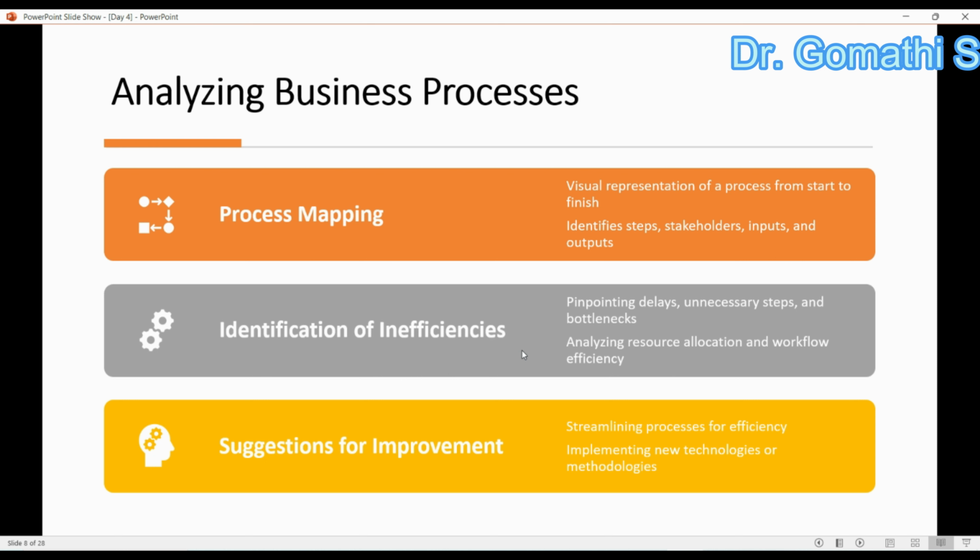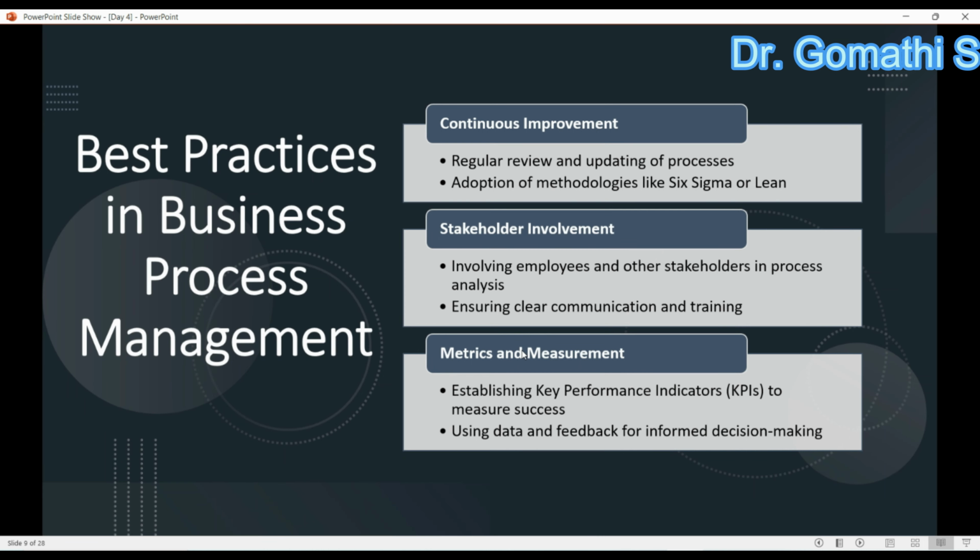And next is suggestions for improvement. Suggestions typically involve streamlining processes to enhance efficiency. This can include integrating new technologies or adopting new methodologies that improve process flow, reduce waste, and enhance overall productivity.